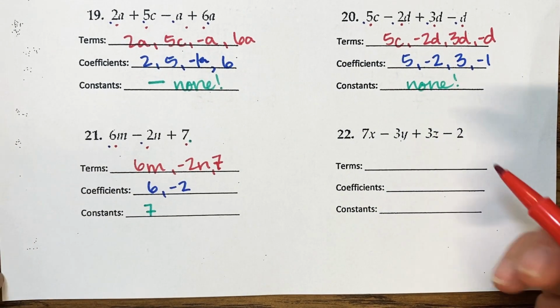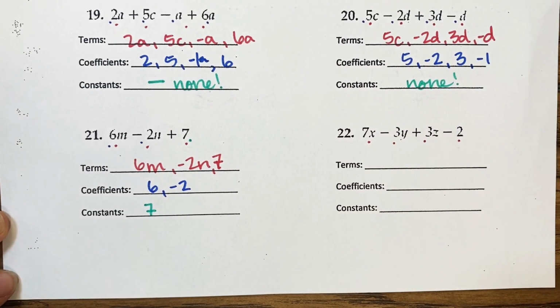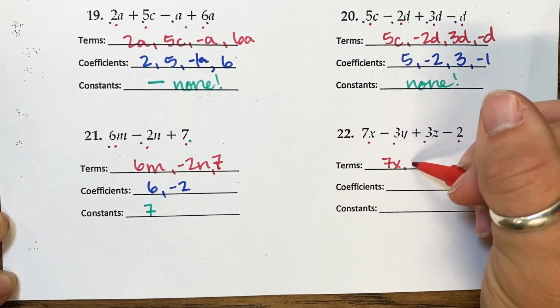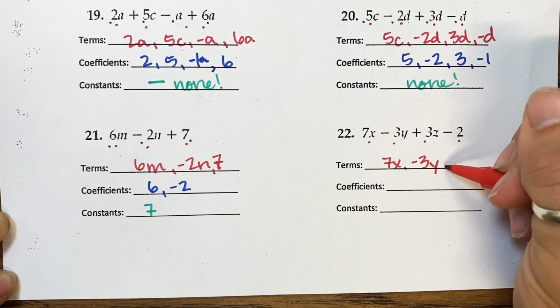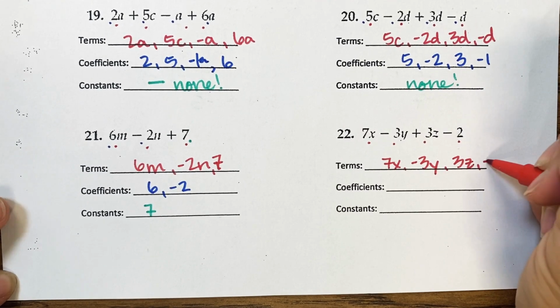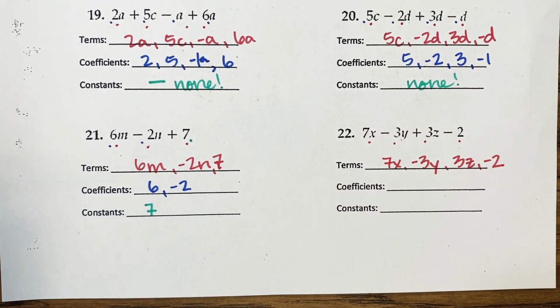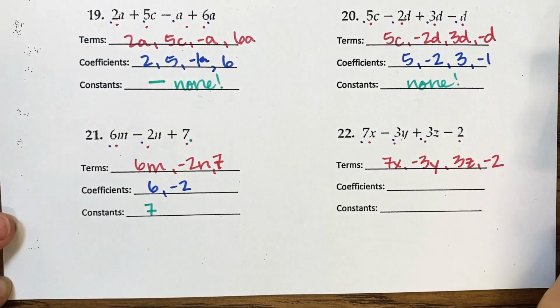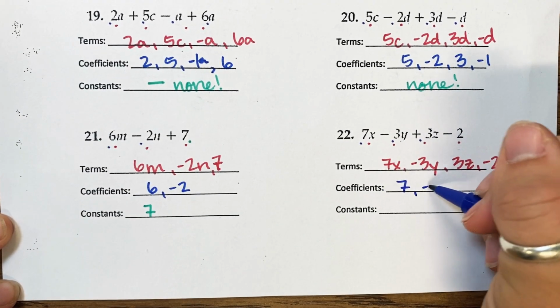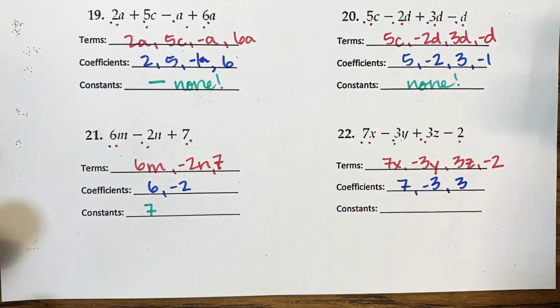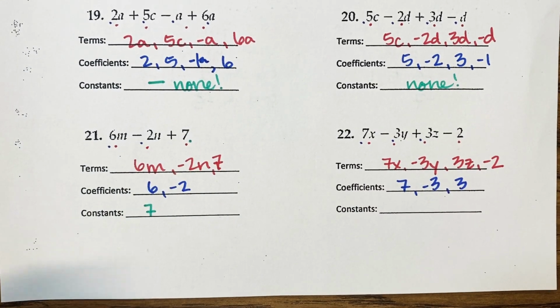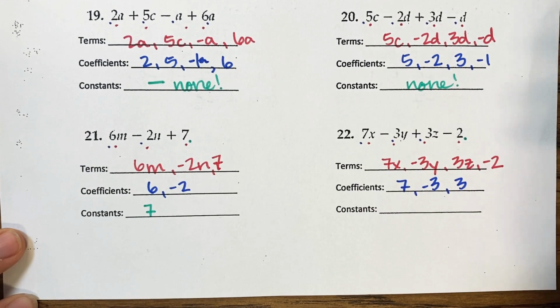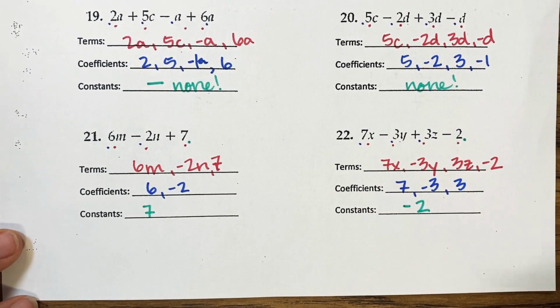Okay, 22. 1, 2, 3, 4 terms, 7x, negative 3y, 3z, negative 2. Coefficients, 1, 2, 3 in front of variables, 7, negative 3, and 3. And our constants, just one of them, negative 2.